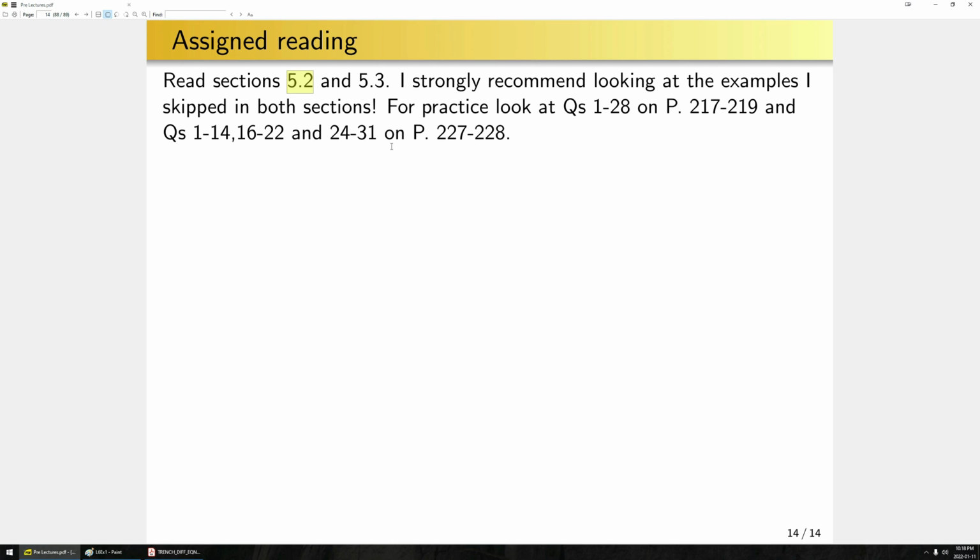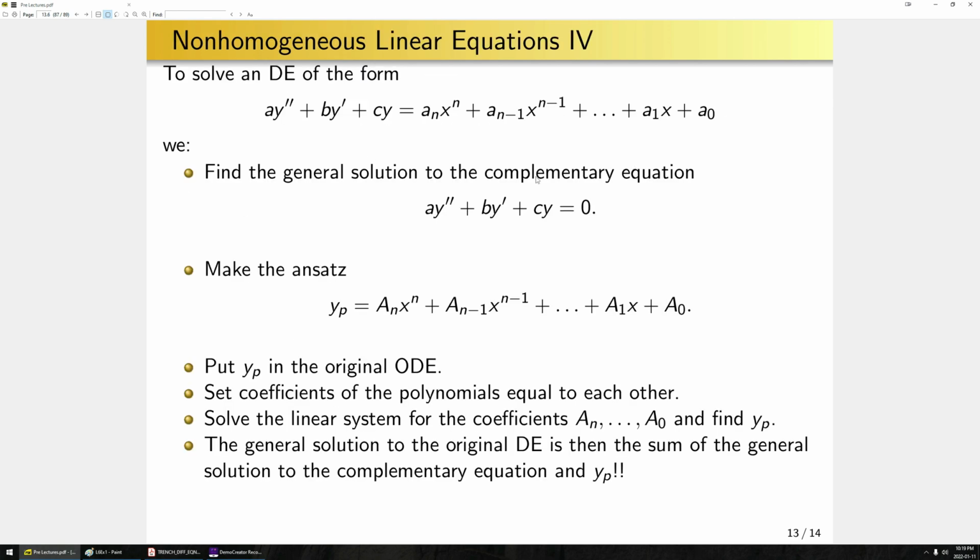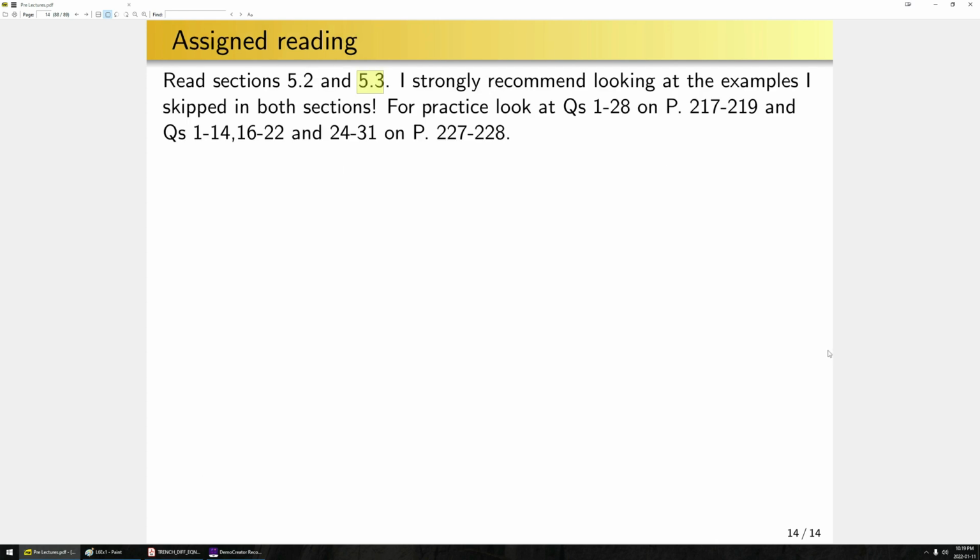So good practice would be to look at those examples. And some of the examples in 5.3 can give you some more practice with this algorithm here. Okay, so that's basically what you should understand from this lecture and the last half of the previous lecture. And again, for practice problems, this is the recommended problem set for 5.2, and this is the recommended problem set for 5.3. Standard, don't do all the questions type thing.